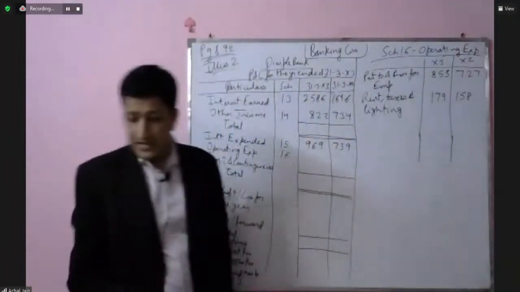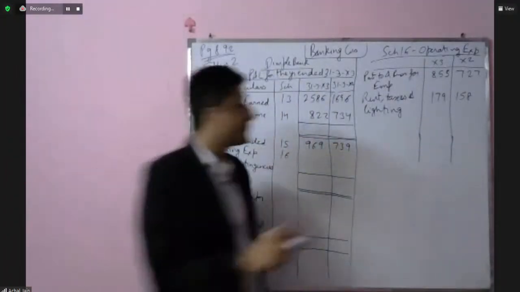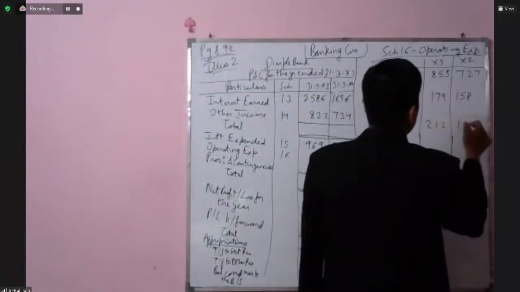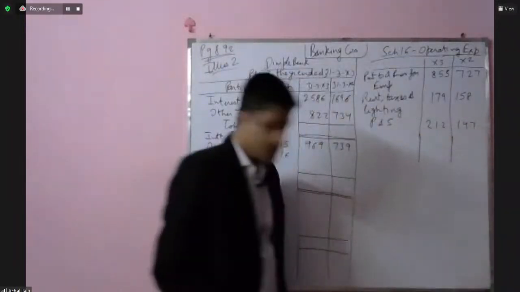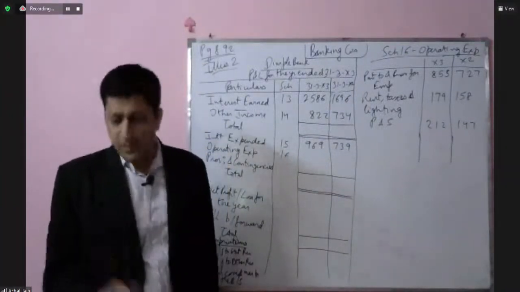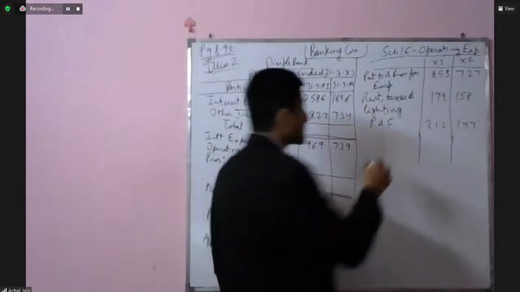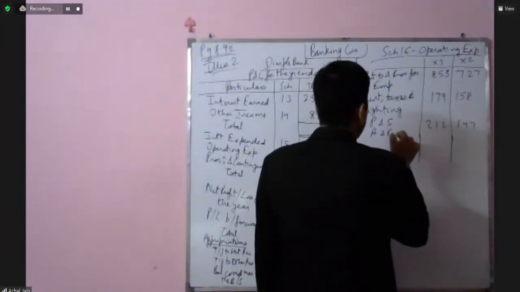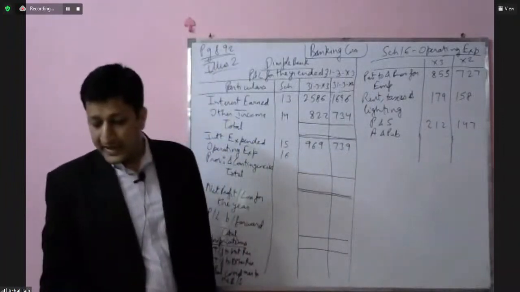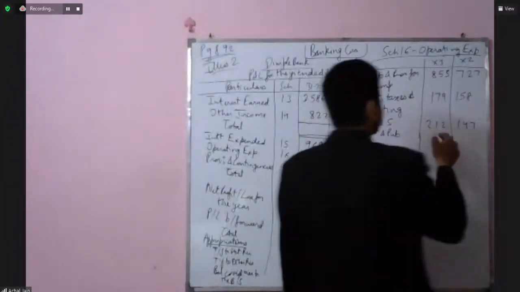Then we have next item, printing and stationery. 212, 147. Then we have advertisement and publicity. All of these will go to operating expenses. Advertisement and publicity. So this is 98 and 112.